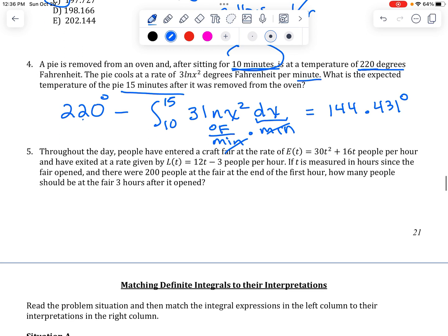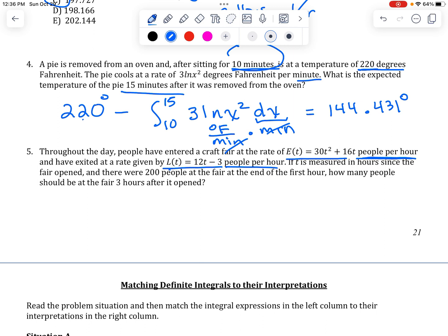Okay, last one. It says, throughout the day, people are entering a craft fair at a rate of this equation. Look at your units always, people per hour. And they're exiting at a rate given by this, people per hour. So people are entering the fair and people are leaving the fair. If t is measured in hours since the fair opened, and there were 200 people at the fair at the end of the first hour, how many people should be at that fair 3 hours after it opened?